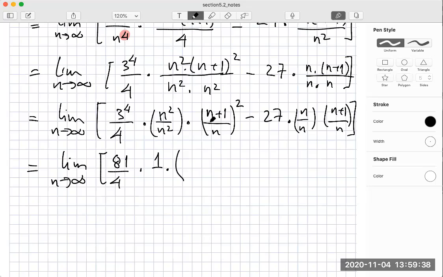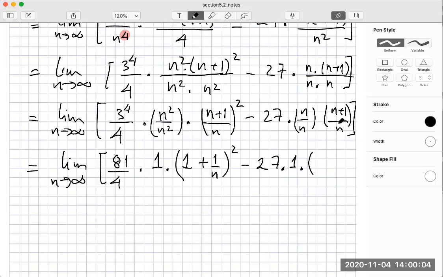N squared divided by n squared gives us 1. And here, this guy, if we break it down into a sum, it will be 1 plus, what is it here? 1 over n. N plus 1 divided by n will be 1 plus 1 over n. Okay, and then square. Minus 27, n divided by n gives us 1.